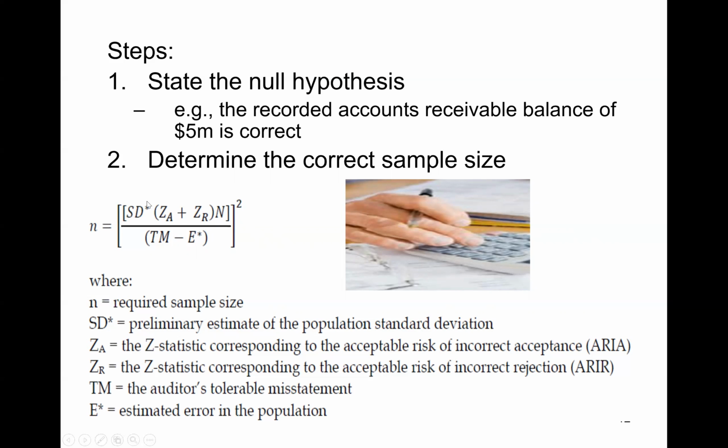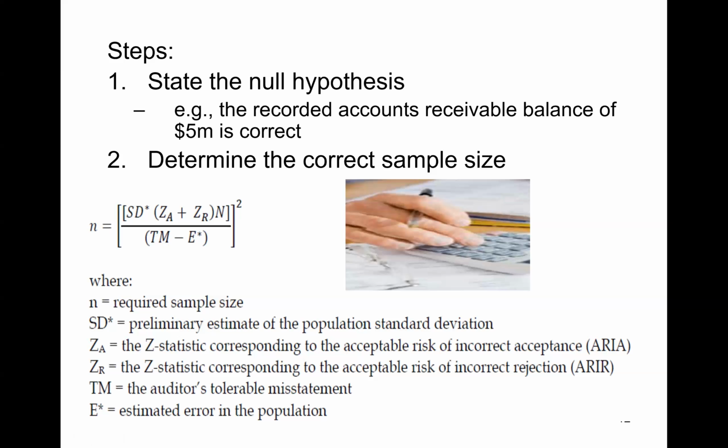Okay, so if, for example, there could be a lot of small errors, there could be a lot of large errors in the population, so there's a high standard deviation, a high variance in the errors, then that means you're going to need a larger sample size, right? Which makes intuitive sense. The more the variance in the errors, the larger the sample needs to be in order for you to obtain assurance.